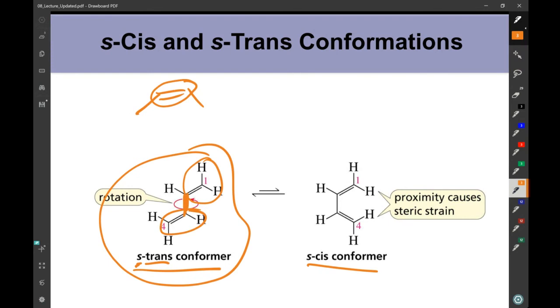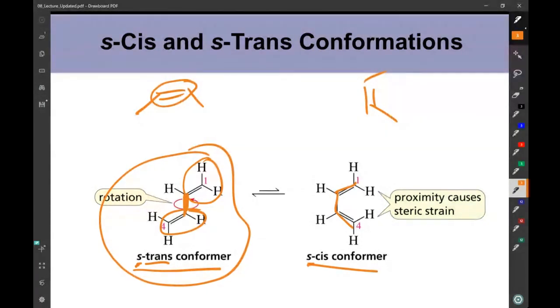Like a trans structure, the S-trans structure is more stable than the S-cis structure. The S-cis is technically not a cis either, but it is very similar to a cis structure, so we call it S-cis.